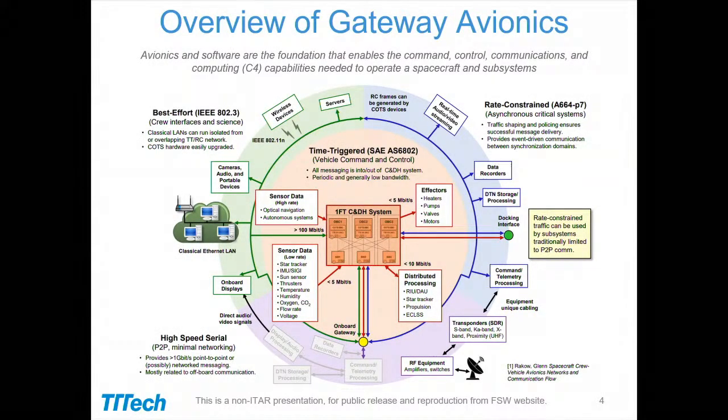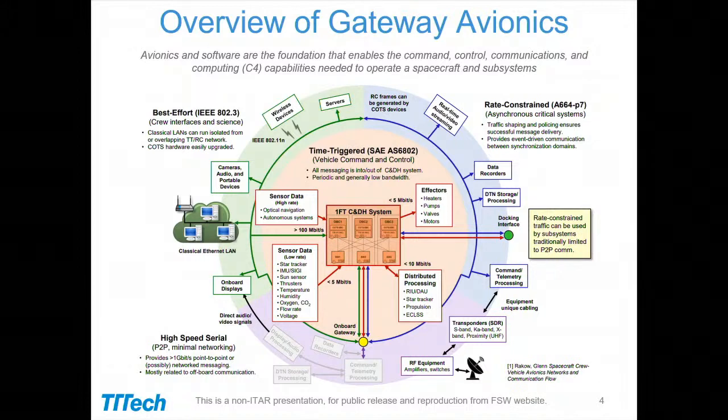So this is a notional set of avionics. This is actually a NASA slide. It gives you a sense of the types of functionality that Gateway is going to have to operate with. You can also see that different traffic types are defined on this chart: best effort, rate constrained, and time triggered.